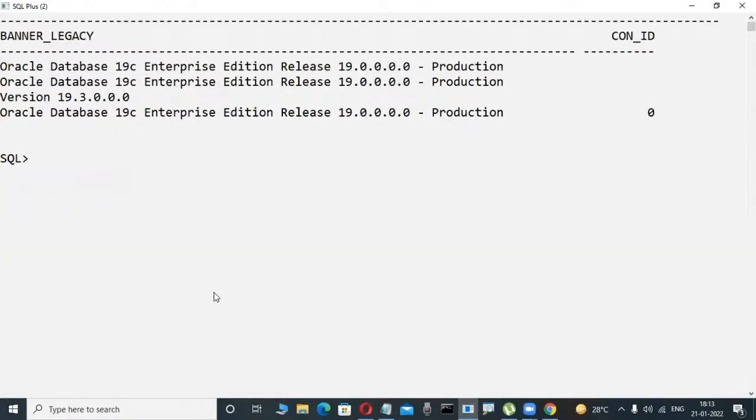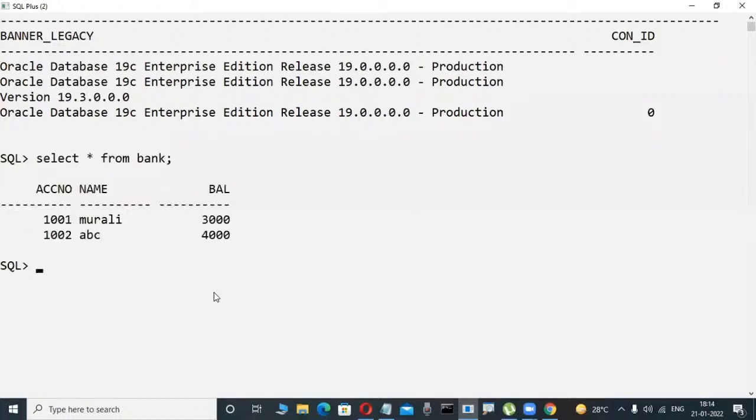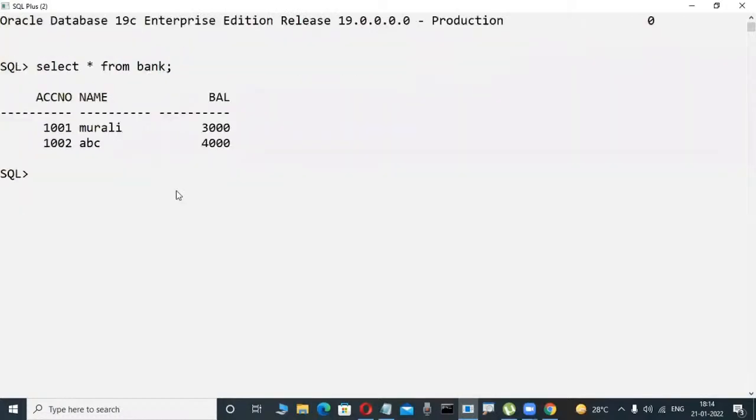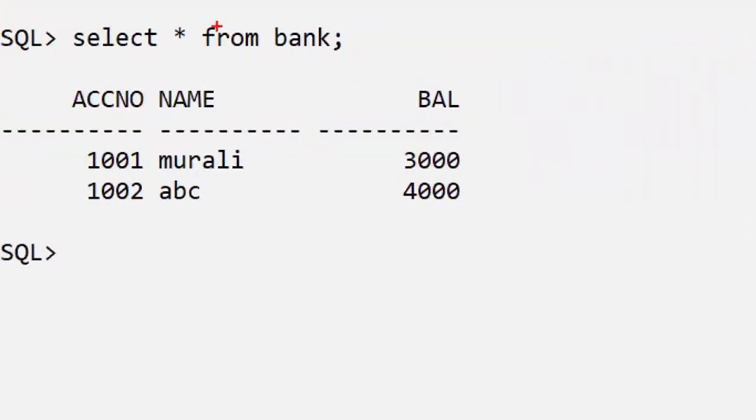Suppose in this database there is a bank table, for example. Concentrate here and observe the scenario; it's a very easy way to understand. This is a bank table. In table format only, we store the data. Suppose this is the SBI bank, and this is its data. Observe here: these are columns, account number, name, and balance. These are called columns.